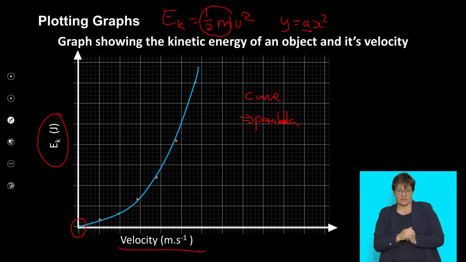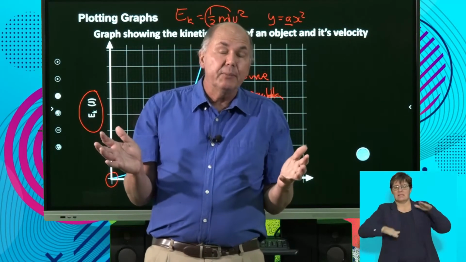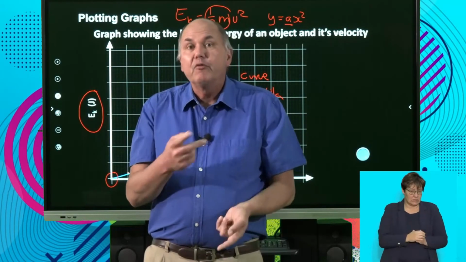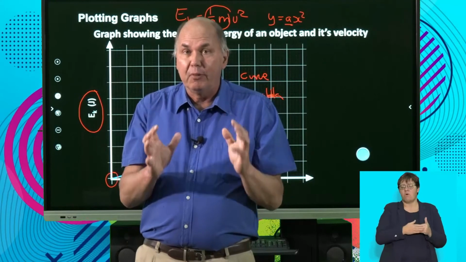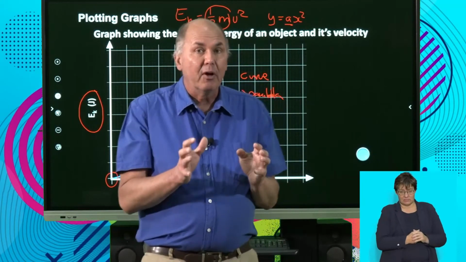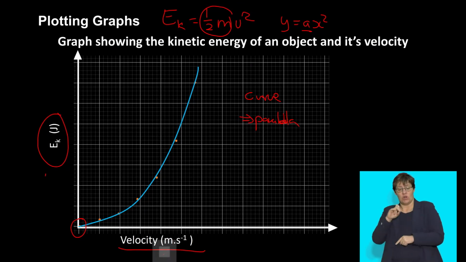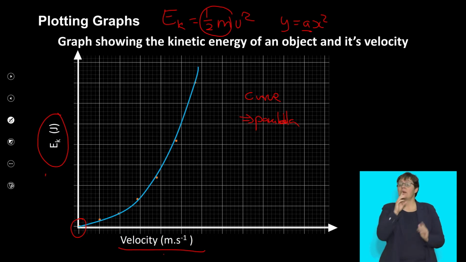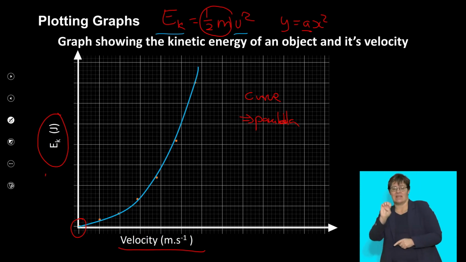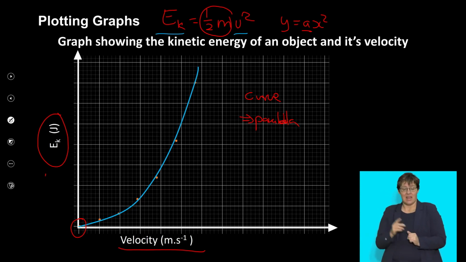So if we want to check whether it is a parabola or something similar, we've got to do another type of plot. Instead of plotting the kinetic energy against velocity, let's plot the velocity squared against the kinetic energy.